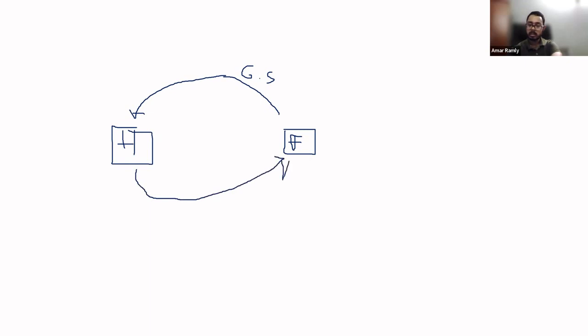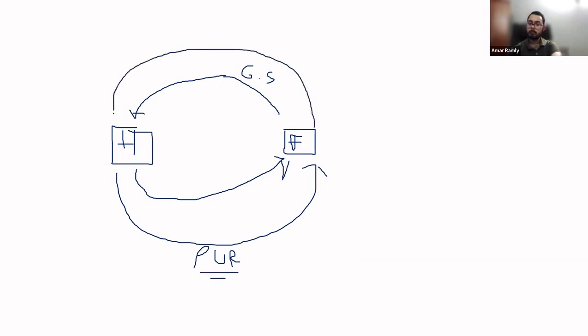But in order to purchase these goods and services, you need money. So how do they get that money? They get their money by working a job.